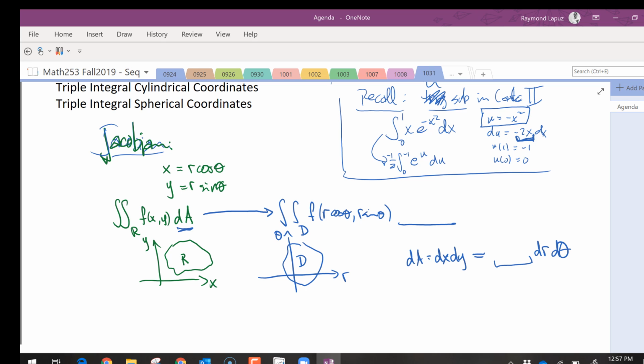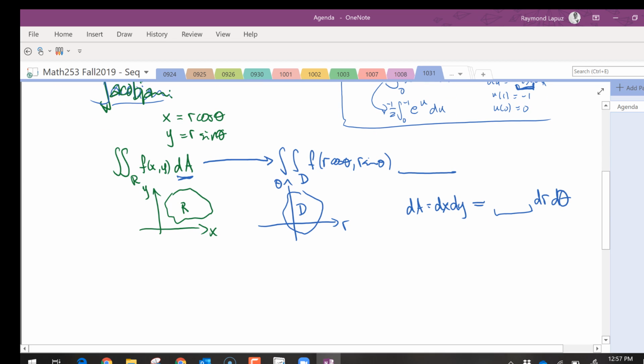And so what I want to do here now is to introduce the derivative of this transformation. So this transformation has x, y and r, theta.